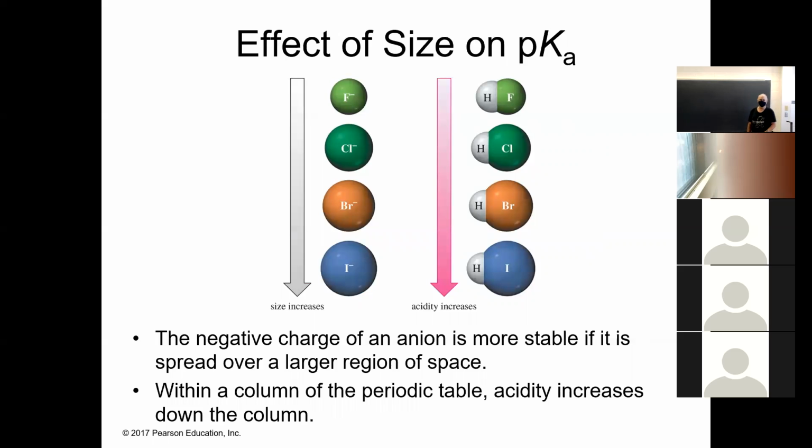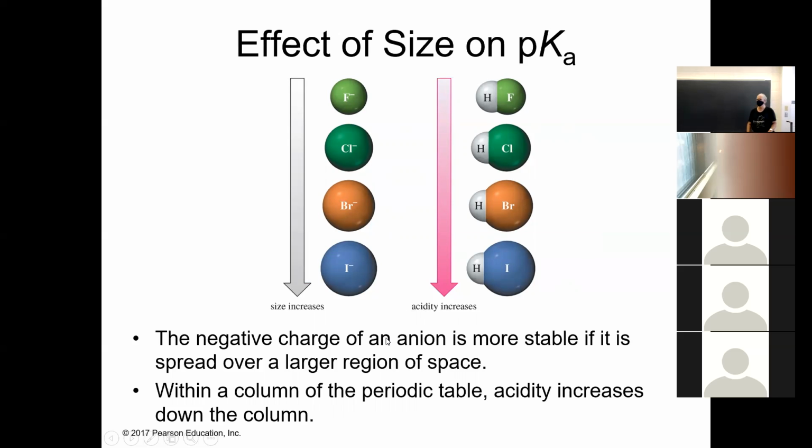For a binary acid, the size of the anion can affect acidity. We just said that electronegativity was a factor, but in going down a column, electronegativity actually goes down. Chlorine is less electronegative than fluorine, bromine is less, and iodine is less.